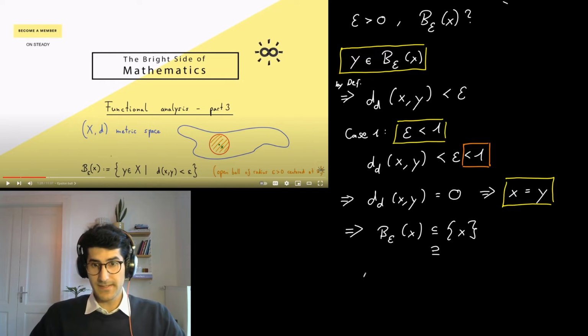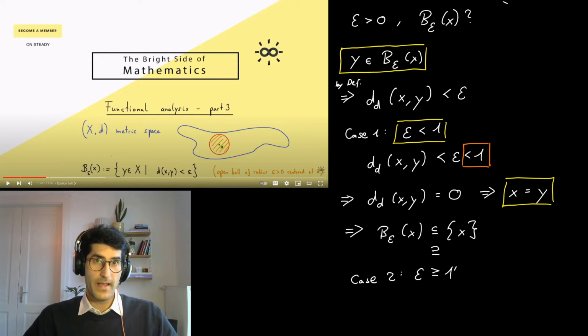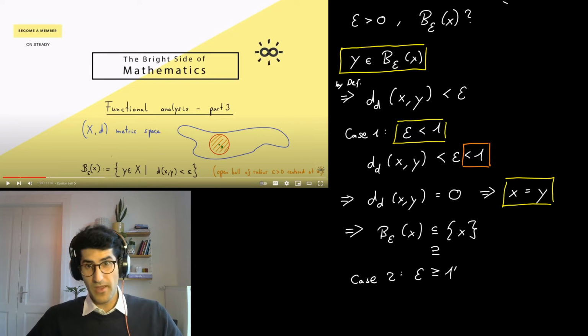So as a quick exercise, you can do case 2, namely the case that epsilon is greater or equal than 1. Let me know your result and also the proof for it in the comments. And of course, as always, let me also know if you have questions.